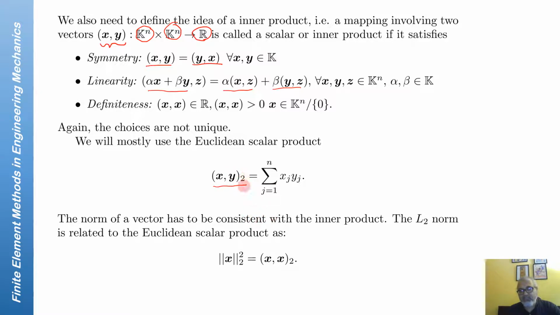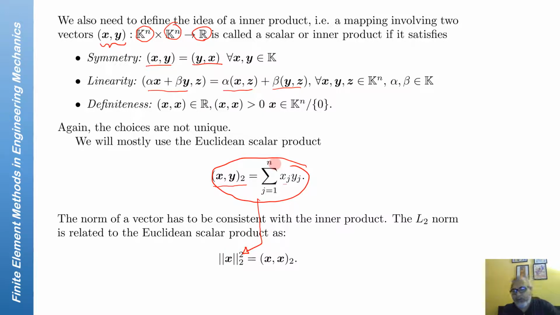The 2 indicates the Euclidean scalar product, and we define it as x1 y1 plus x2 y2 plus x3 y3 up to xn yn. And then obviously if you use this to get the norm, then the L2 norm squared is the inner product of x with x according to this definition. So this Euclidean inner product generates the L2 norm.